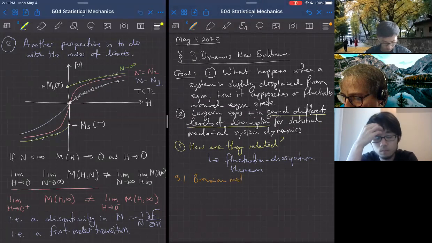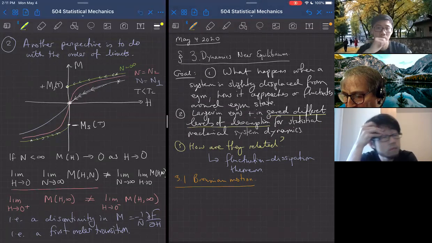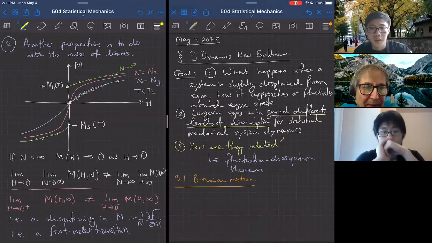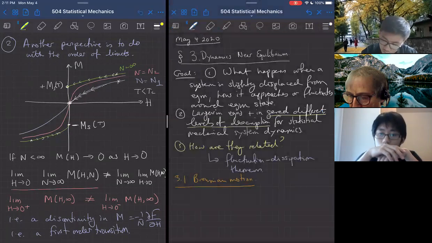And I'm going to skip some of the history and the philosophy here. Let me just give you a quick cartoon picture of how one measures Brownian motion and what it is.